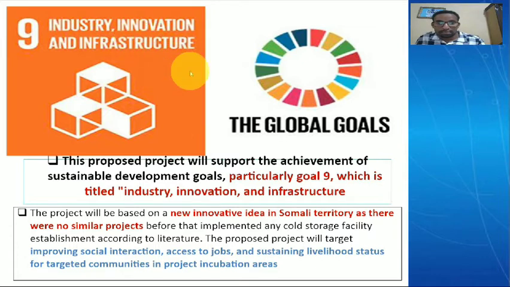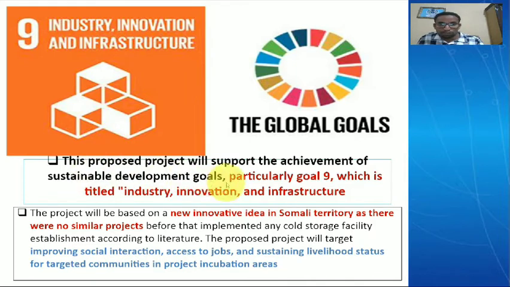So our project will have two main components, which is construction of a 15 kilometer road, and another component which is establishment of a cold storage facility for small scale farmers.